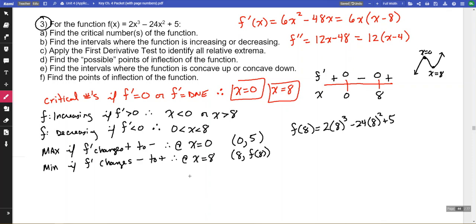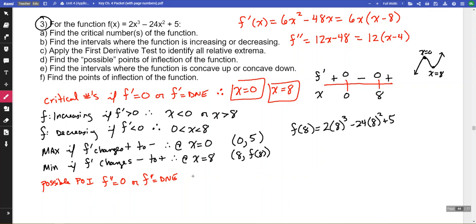Okay, now, what about the possible points of inflection? We know the possible points of inflection are going to come if our second derivative is equal to 0 or our second derivative does not exist.